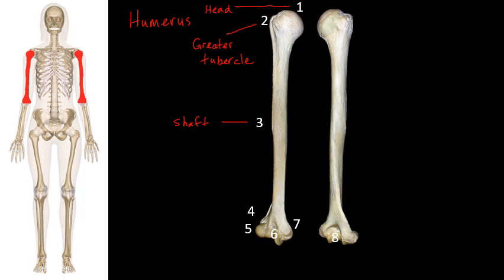Moving down to number 4, we have the lateral epicondyle. Five, we have the capitulum. Six, the trochlea.